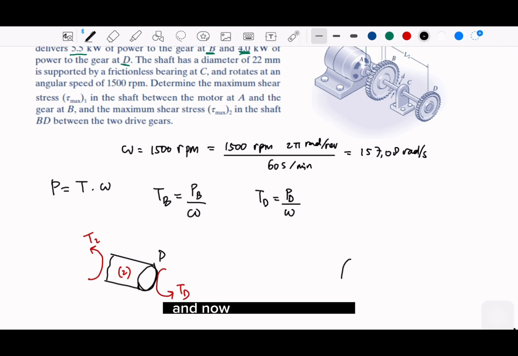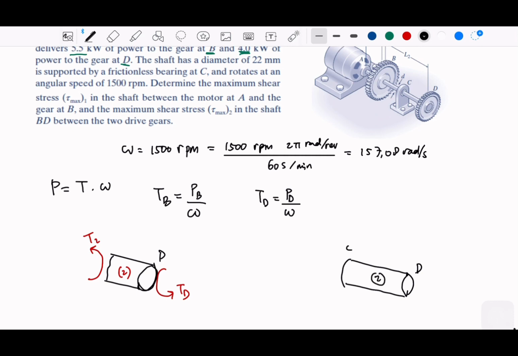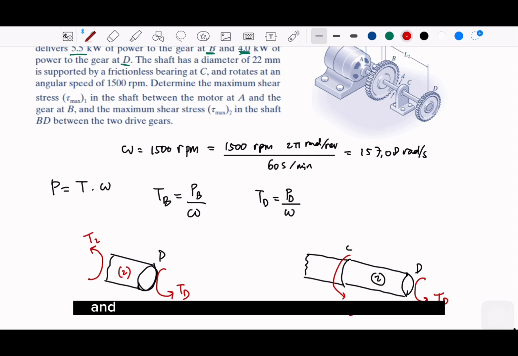And now we can have this. So this is D, C, so this is 2. Okay, and then we have another one here. So this is TD, and this is, let's say, the TB, and to make it equilibrium we have T1 here.